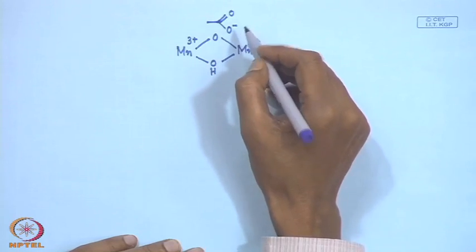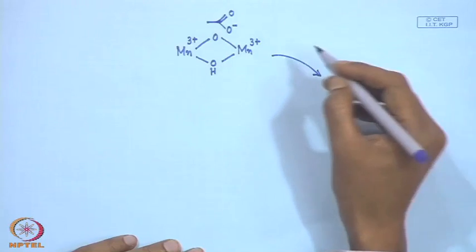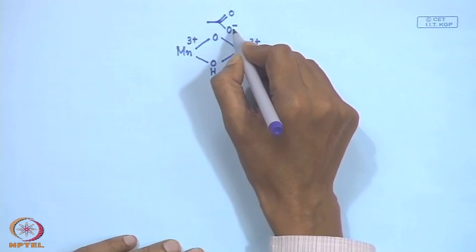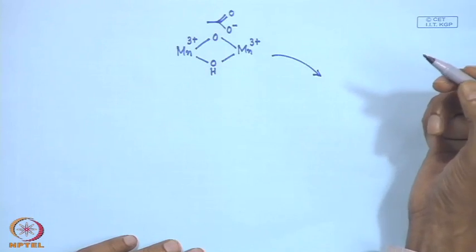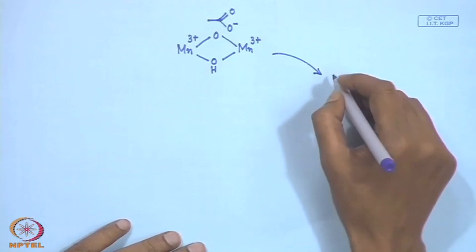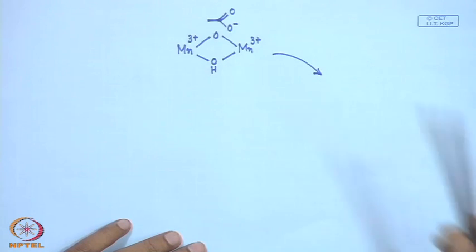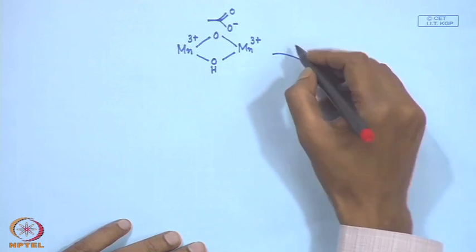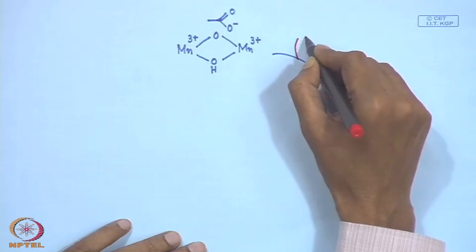So, distal histidine, distal acetate or distal glutamate unit we call, because they have some role to play for interactions which we consider as hydrogen bonding interactions. These hydrogen bonding interactions are sometimes very much needed for proper positioning of the different substrate molecules. So, we need to react with hydrogen peroxide.